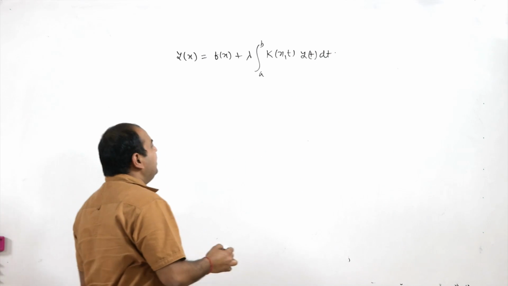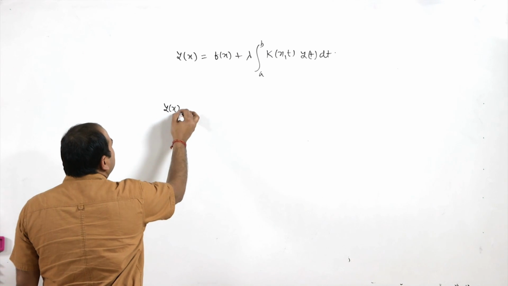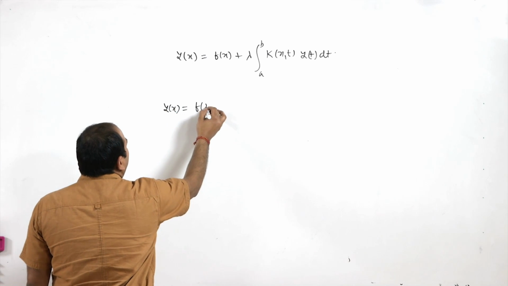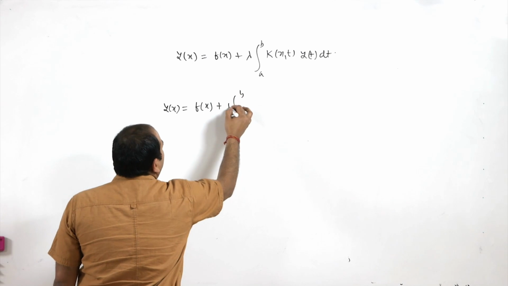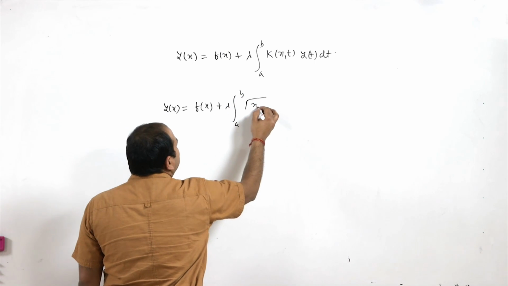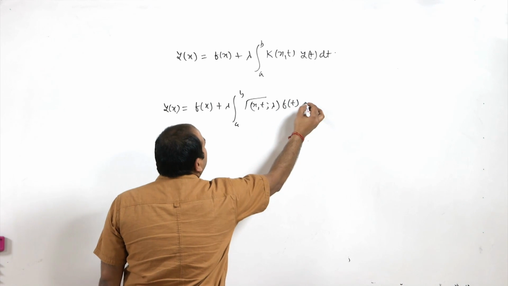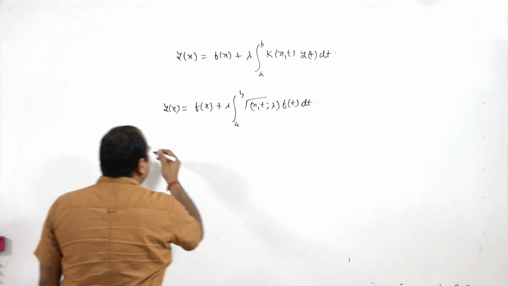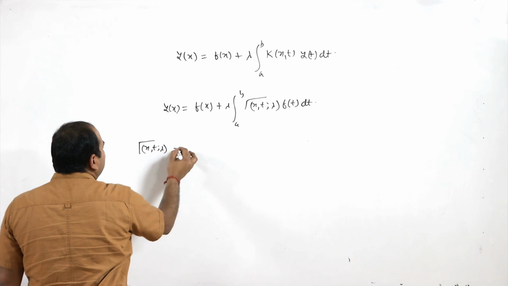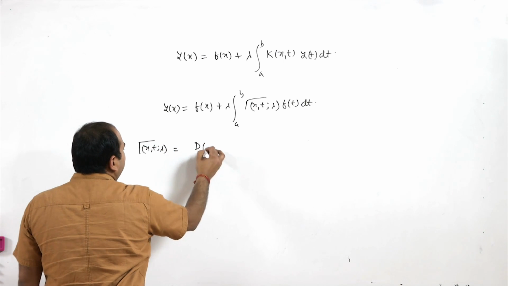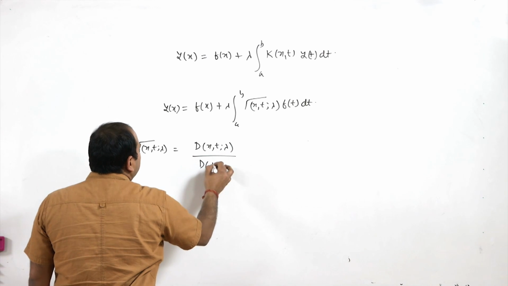We have seen that this solution can be written as y of x equal to f of x plus integral from a to b of lambda gamma of x, t, lambda f of t dt, where gamma x t lambda is given as D of x, t, lambda divided by D of lambda.